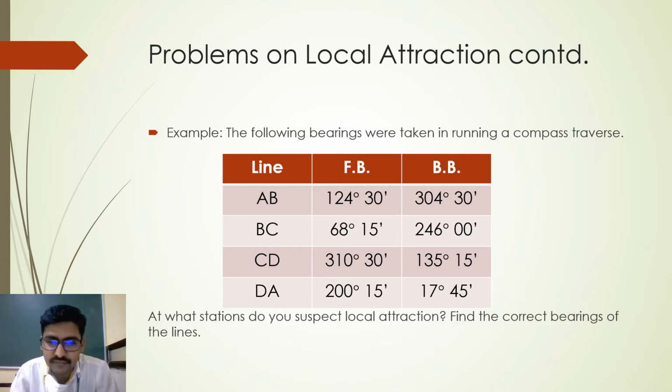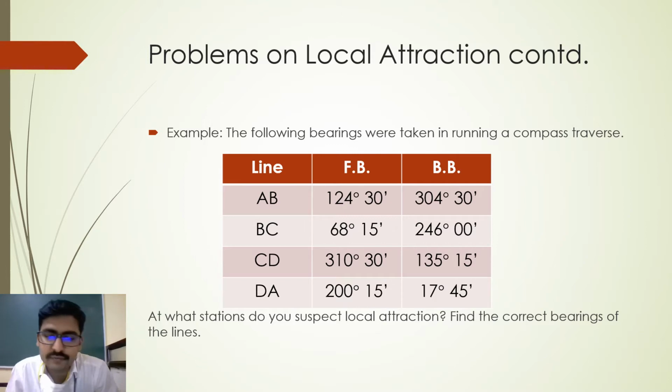That means those two stations are not affected by local attraction. So the other stations are affected by local attraction. This is how you identify the points or stations, whether they are affected or not affected by local attraction.